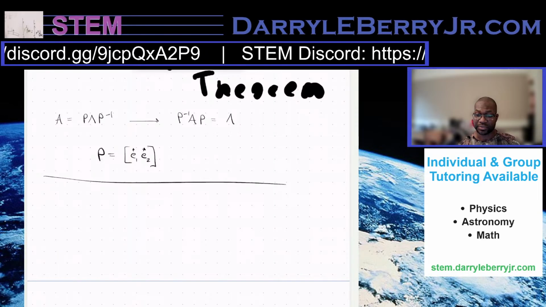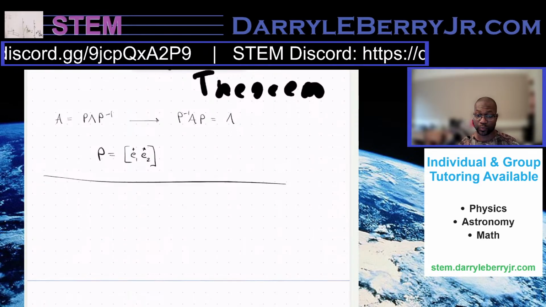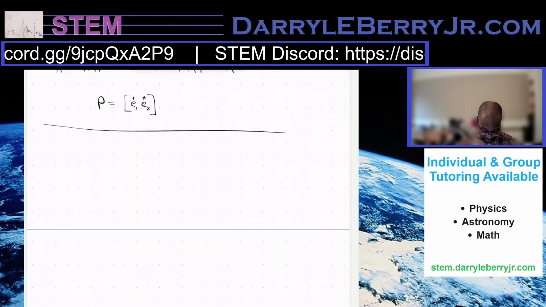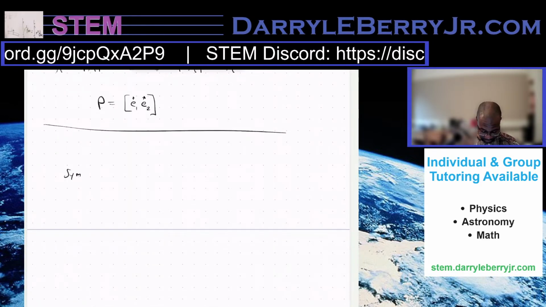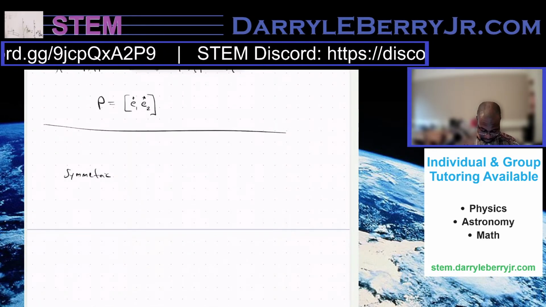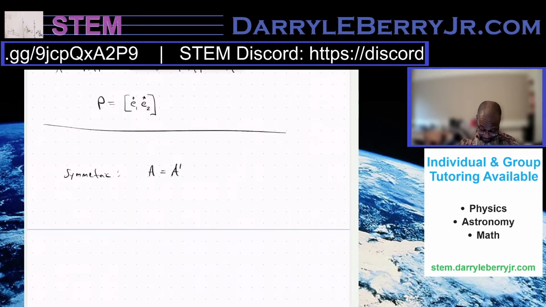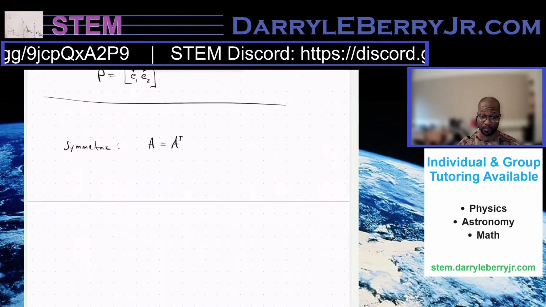The symmetric matrices. Recall that a square matrix A is symmetric when A equals A transpose. So symmetric: A equals A transpose for a square matrix.